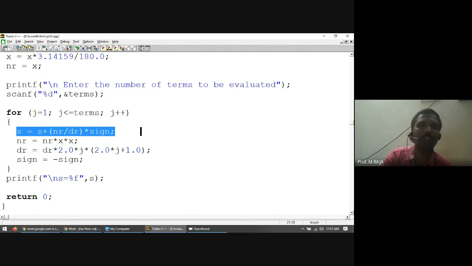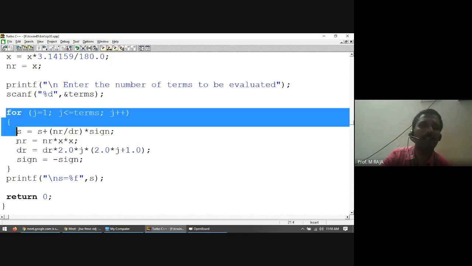Control through the first j terms, so that we evaluate the cosine series and ensure its correctness. Check if the first j terms are actually evaluated in your logic.